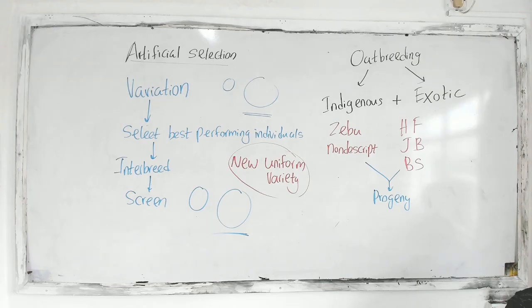What we are going to do is use the normal reproductive system, normal reproduction, but control it the way we want. So this outbreeding is a good example. The next one is even better, hybrid breeding.